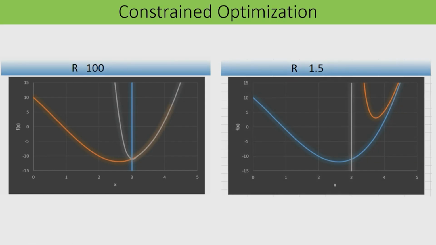In case of interior penalty method, you start with a relatively higher value of R and then you reduce the value of R, and when R is near 0, you will get the exact constrained optimal solution of this problem.